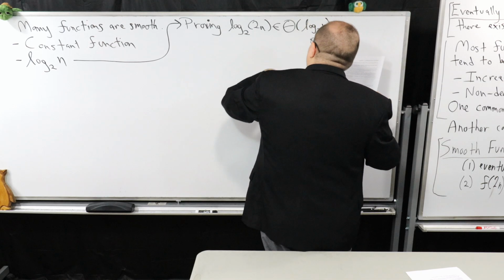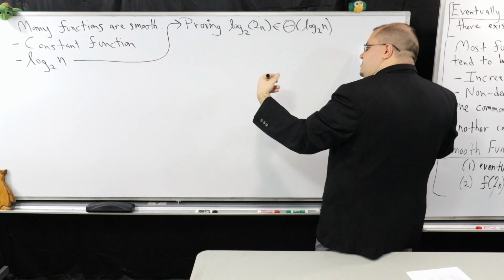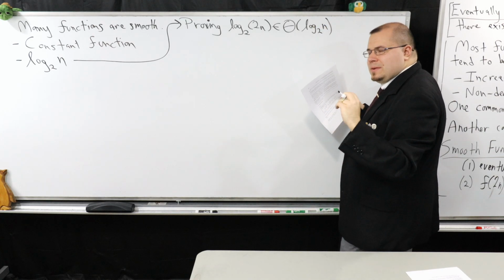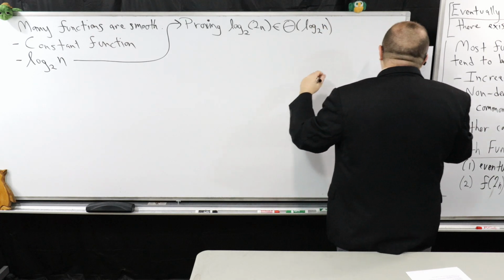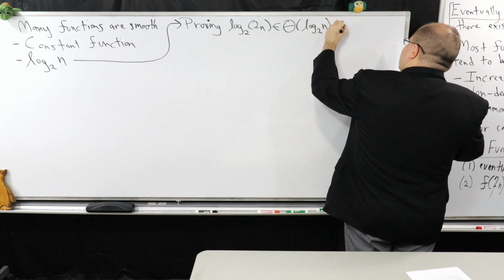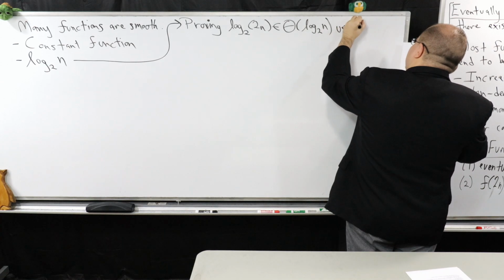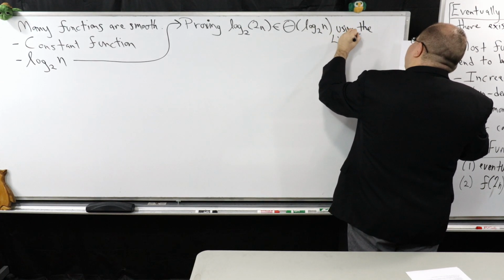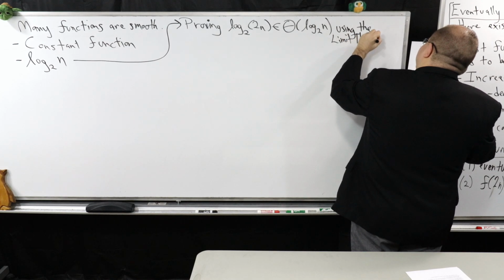This is the second property of what makes a smooth function. We know log n is in fact an increasing function, so we're okay. We're going to prove this using what I refer to as the limit theorem, not to be confused with the one you've probably seen in a calculus class. This is the limit theorem for asymptotic notations.